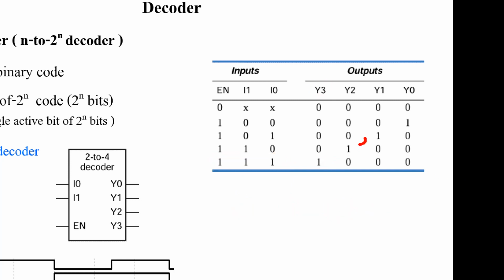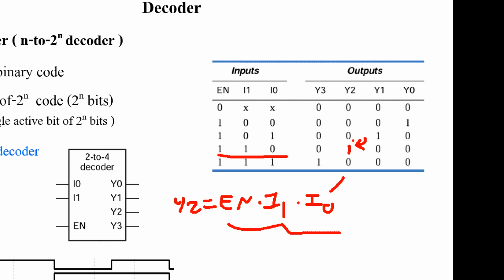And how about this one, Y2? It will be 1 when input En, I1, I0 is 1, 1, 0. So you can write the expression for Y2: Y2 equals En and I1 and I0 prime, like you write a minterm for this Y2 function.